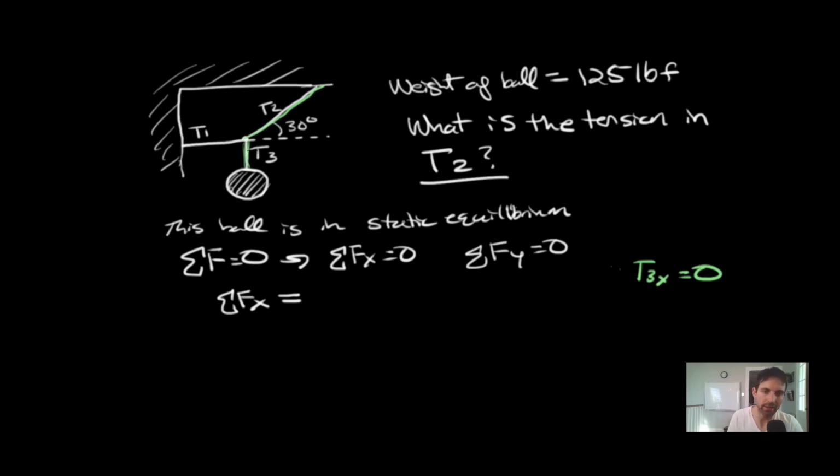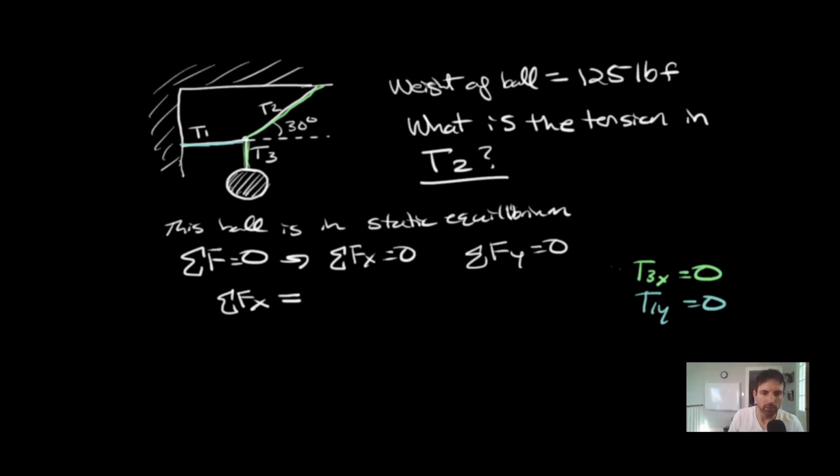So the tension in X for T3 is 0. The tension in Y for T1, so T1 here in the Y direction is 0. Because if this is in static equilibrium and this is the way that it looks, then there is no Y tension on T1.